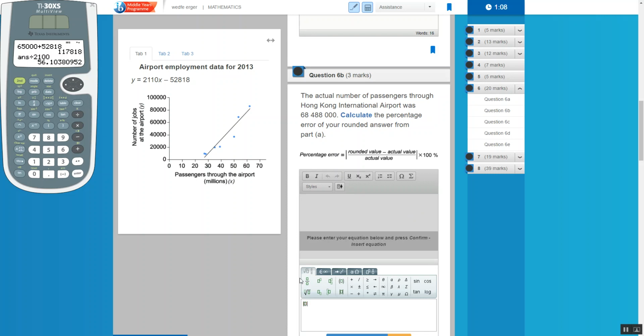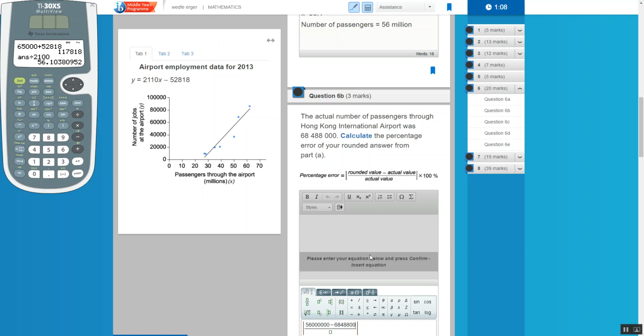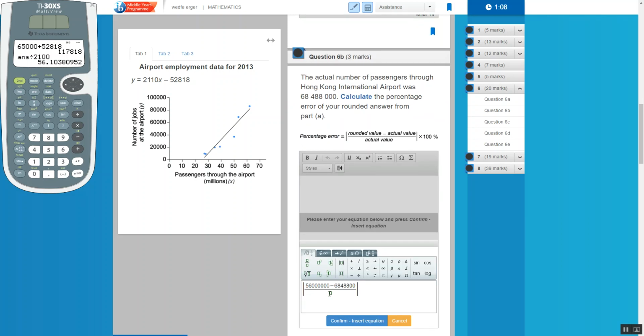So if I put in the absolute part, so 56.126 subtract 68.4800, divided by 68.4800. And this whole thing again multiplied by 100.